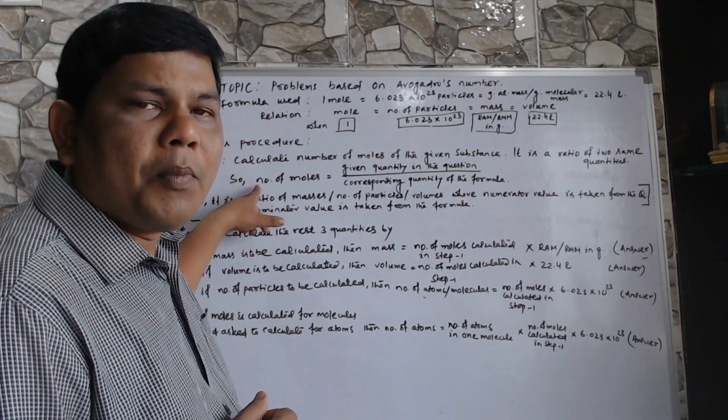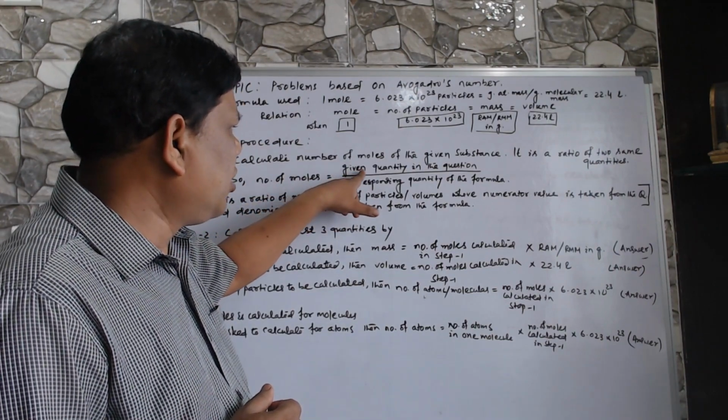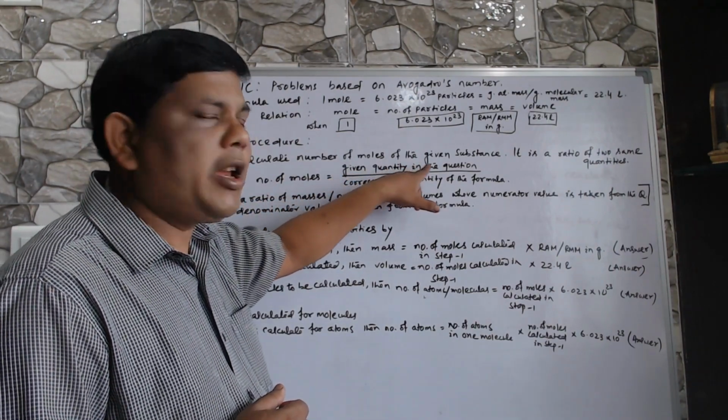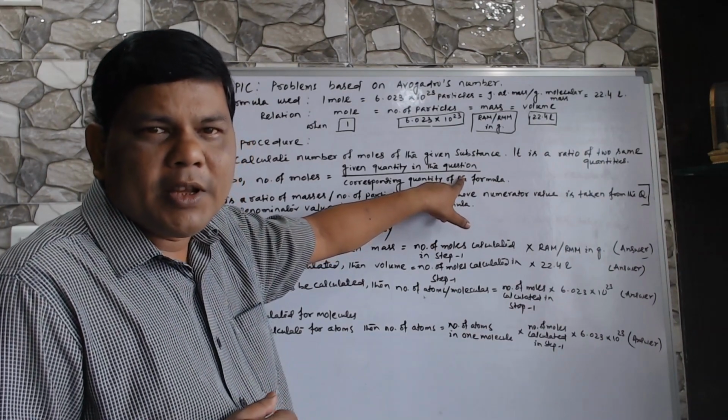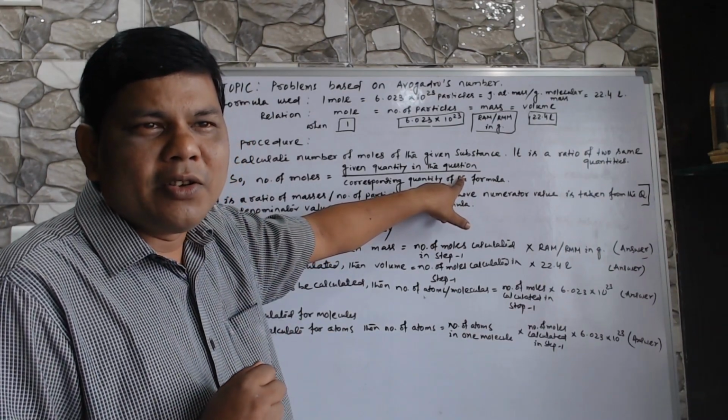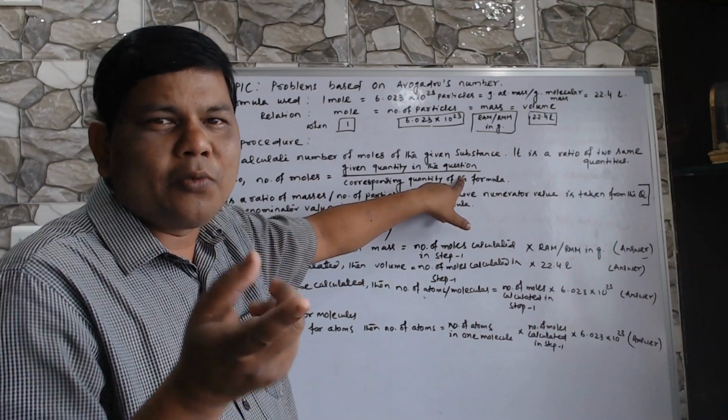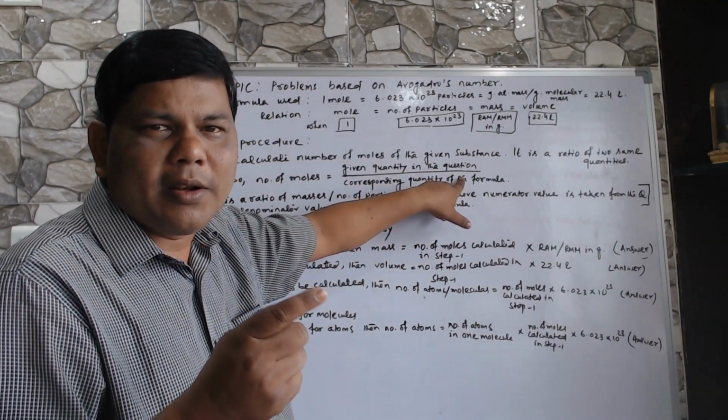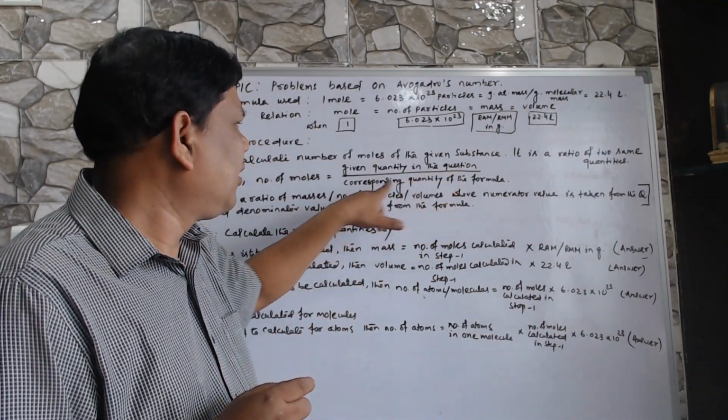So, number of moles is equal to the given quantity in the question. You will be given one value in the question whose mass or number of particles is to be calculated. It must be given.